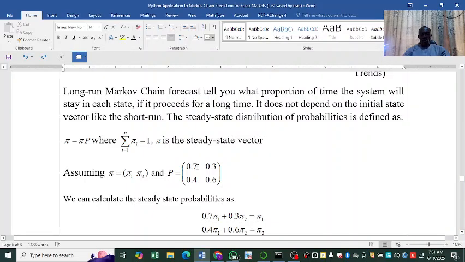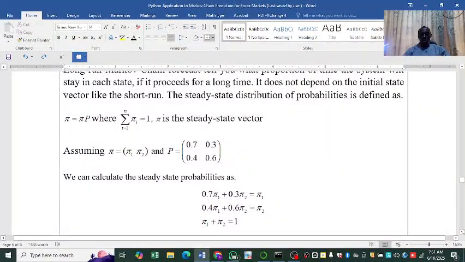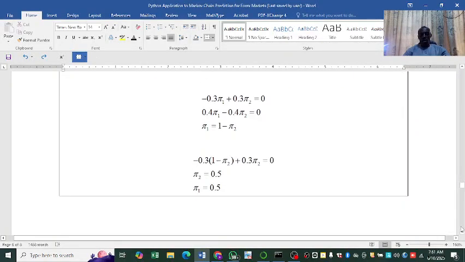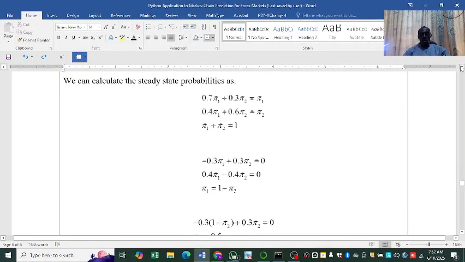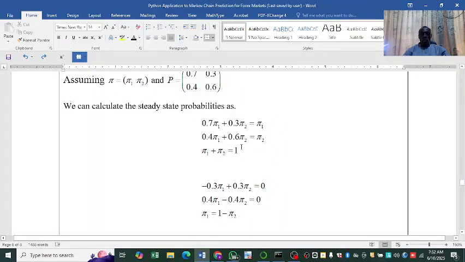Now, assuming that we have two steady states, pi 1 and pi 2, and then we have the probabilities 70%, 30%, 40%, 60%. We simply multiply the state vector by the probability. And we have these two equations, this system of equations, and then we add one more to restrict the probabilities to be equal to 1, like pi 1 plus pi 2 is equal to 1.